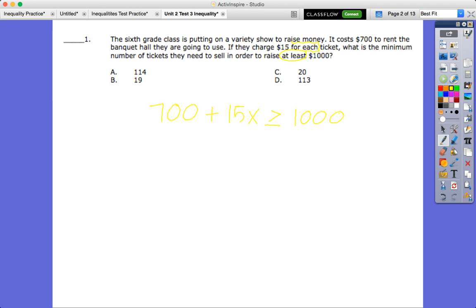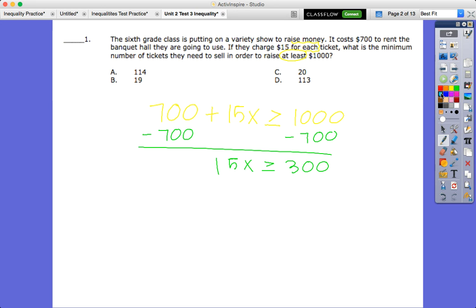So now I'm going to solve this inequality. The first thing I'm going to do is subtract 700 from both sides, and I get 15x is greater than or equal to 300.